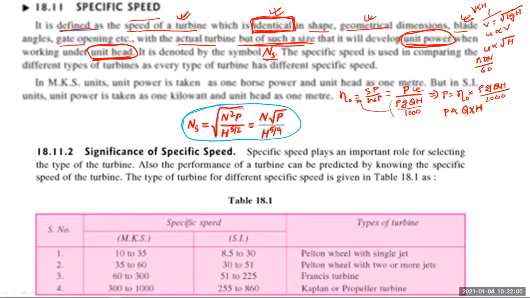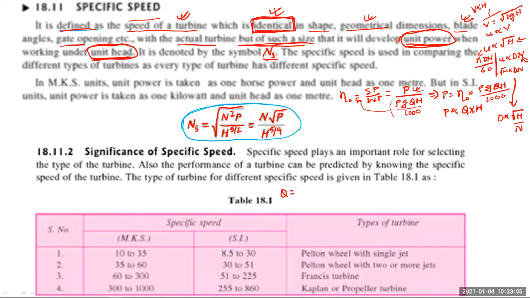So can we write U is directly proportional to D into N? Since U is also directly proportional to root H, we can combine these two equations: root H is directly proportional to D into N. Or from this relation, I will write just below this, D is directly proportional to root under H by N. Now, this is related to your H. Now, coming to this Q term, what is your discharge? I will write for Q here. Q is your discharge.